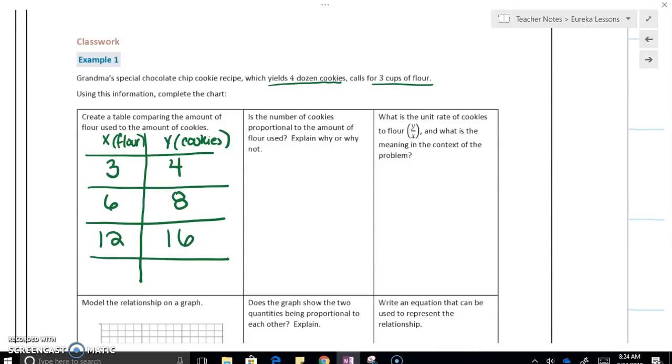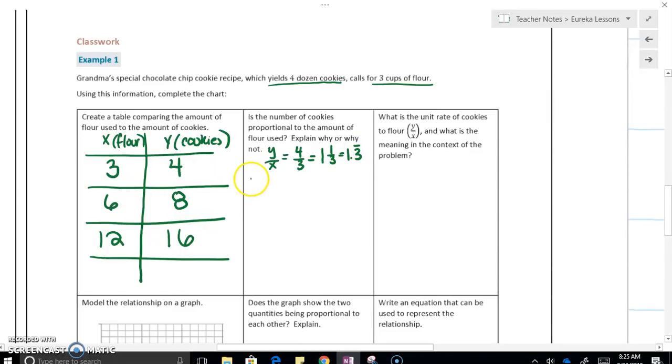Well, one, you can see that I just doubled my recipe, but is there a consistent unit rate? Is there a constant of proportionality? Well, let's find out. If I do y over x, 4/3, it's going to equal 1 1/3 or 1.3 repeating.